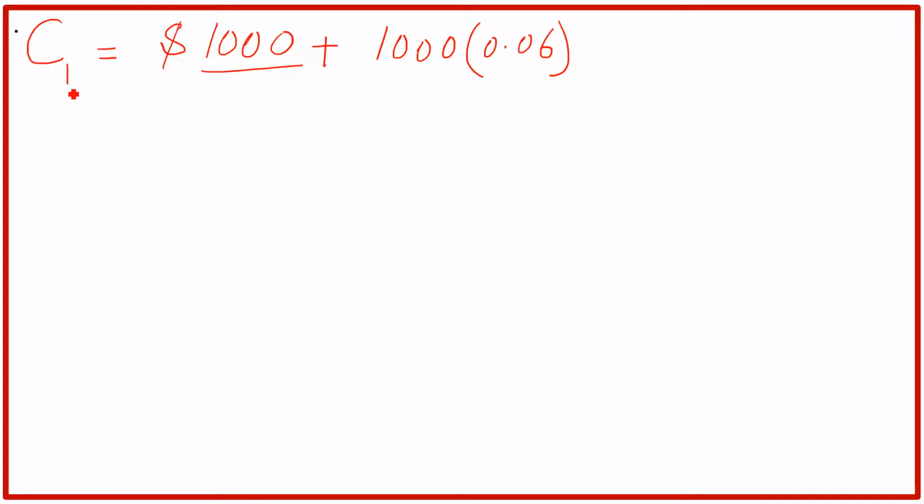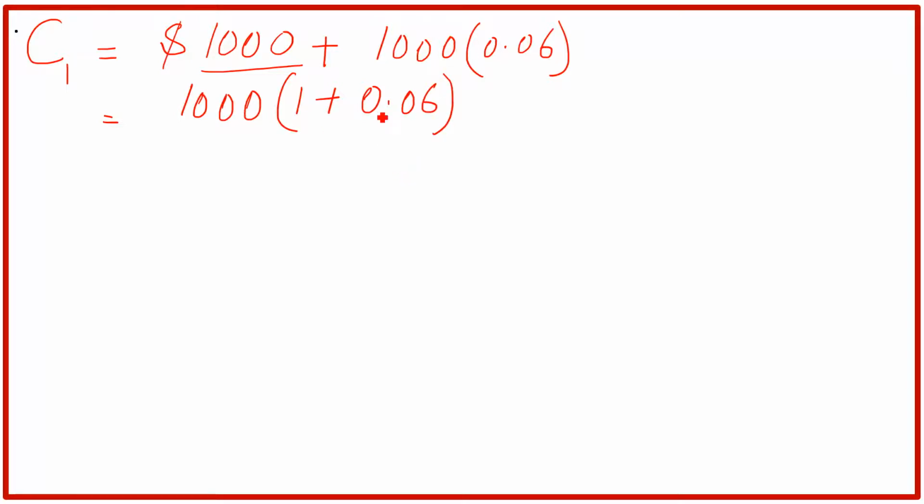So for the first year, this is your original amount and this is the interest. If I take 1000 common, because 1000 is here and here, whatever is left is 1 plus 0.06.